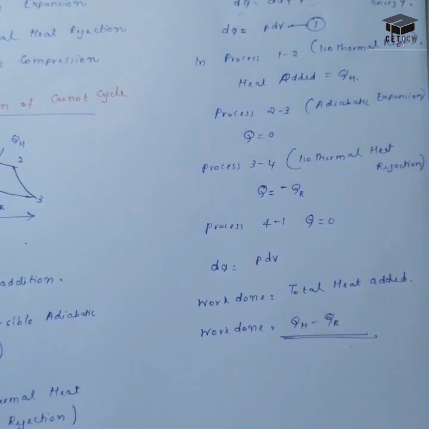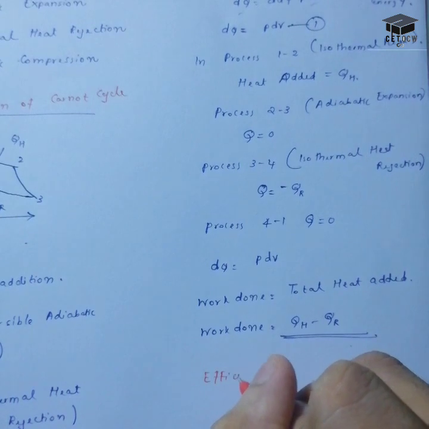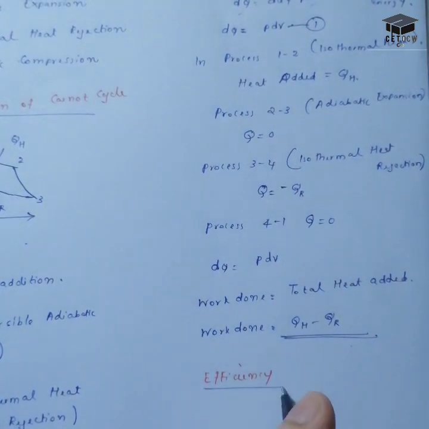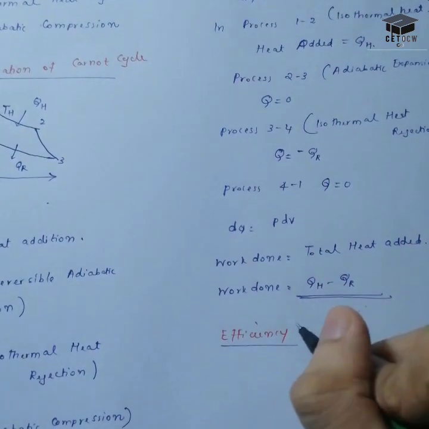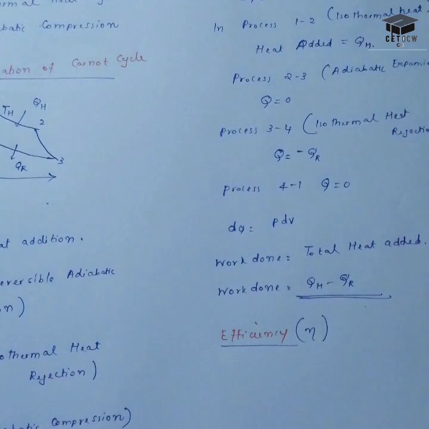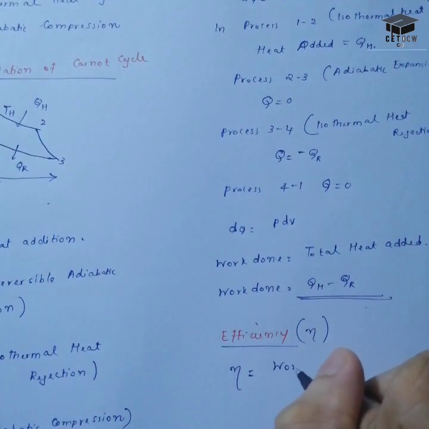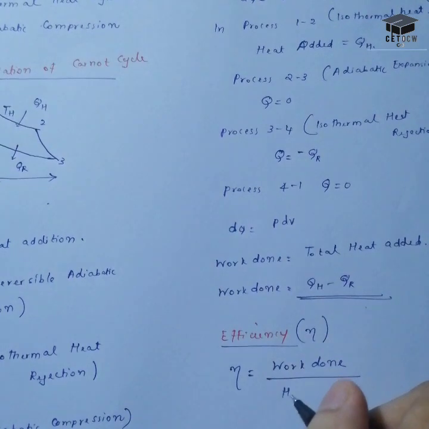Next I am going to discuss a new term called efficiency. We denote efficiency by eta. Eta is the ratio of work done to heat added.